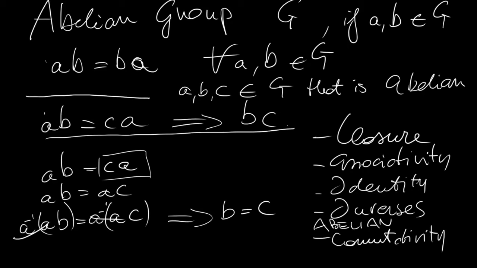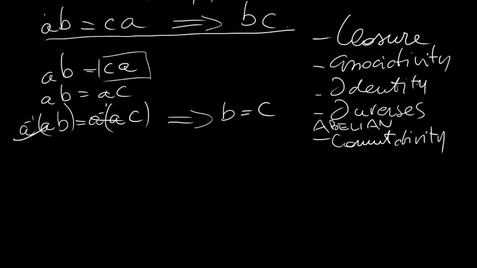You'll see in every problem, in every proof, in the statement you'll find, let G be an abelian group, or sometimes you'll find let A and B be elements of a group such that AB equal BA. So this is important. Do not ever assume commutativity unless it's specified before.